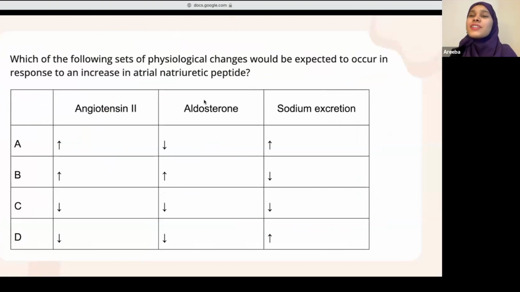Okay, so which of the following sets of physiological changes would be expected to occur in response to an increase in atrial natriuretic peptide? Okay, so the answer is D. It would decrease, and then increase.